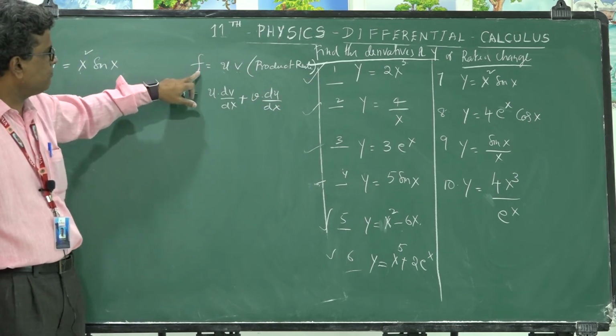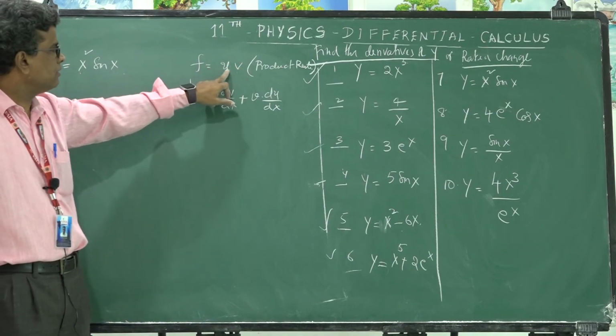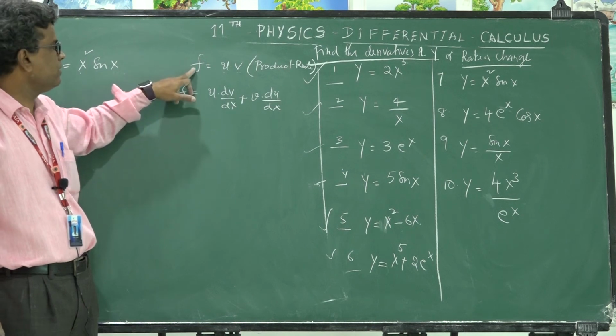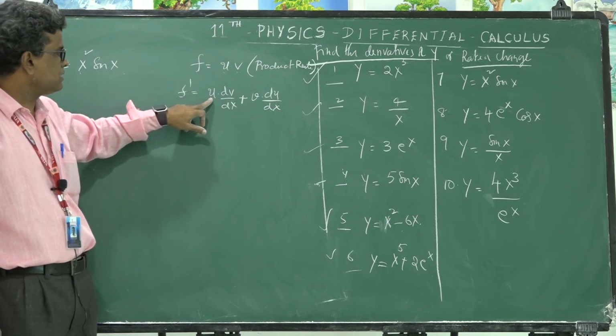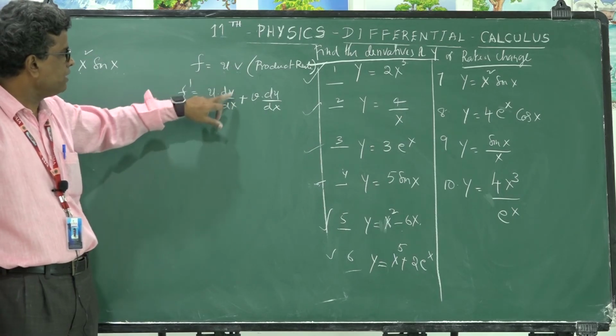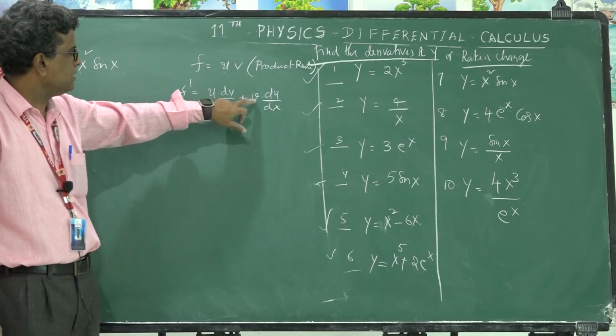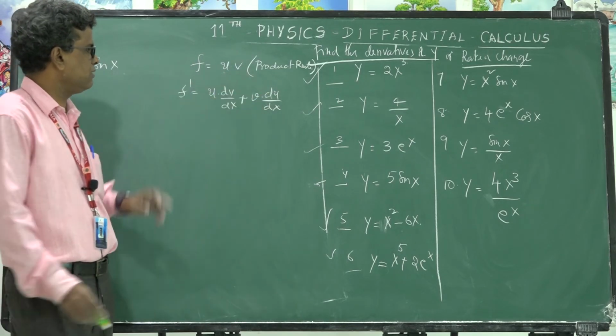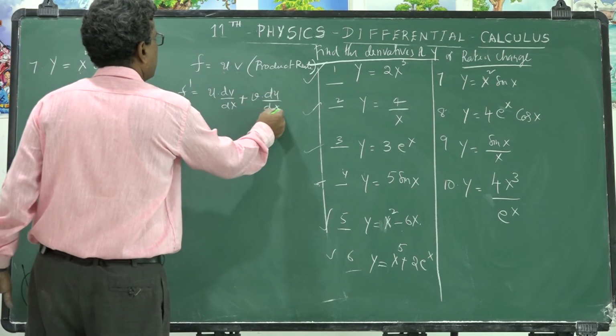If f is a function of uv, a product, then f dash, the derivative of this function, is u kept as it is, times the derivative of the second function, plus the second function as it is, times the derivative of the first function, du by dx.